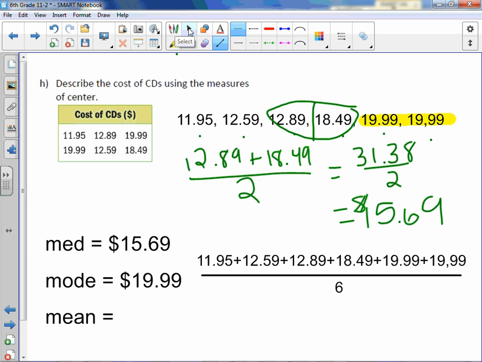Okay, so let's add them up. 11.95 plus 12.59 plus 12.89 plus 18.49 plus 19.99 plus 19.99. And that gives us 95.9.